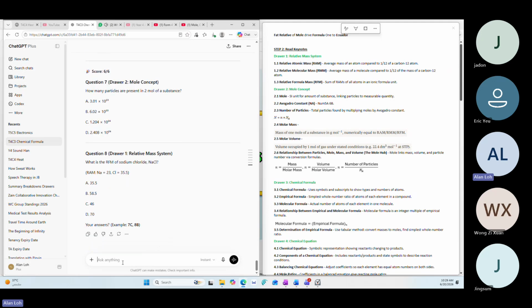Okay, 2 more sets. How many particles are present in 2 moles of substance? So 1 mole, how many particles? Then you know 2 moles, how many particles? Next question. What is the RFM of sodium chloride?